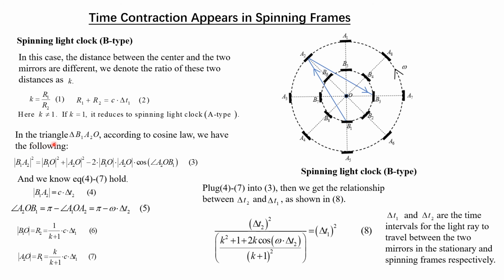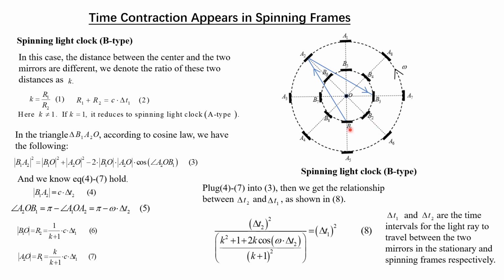In the triangle B1A2O, according to the cosine law, we have equation 3. B1A2 squared equals B1O squared plus A2O squared minus 2 times B1O times A2O times the cosine of the angle A2OB1. And we also know that B1A2 is equal to C times delta T2.